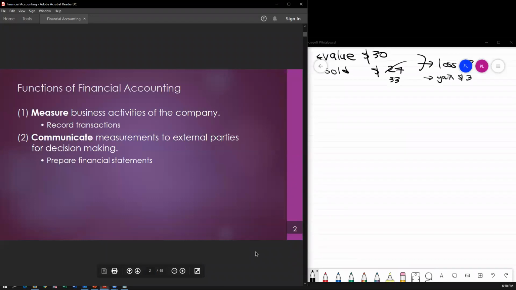For chapter 2, we're going to be learning how we measure the accounting activities of a business. When we say measure, we mean we record transactions, and we need to be able to communicate the measurements to external parties for decision making. In other words, we're going to learn how we prepare financial statements.